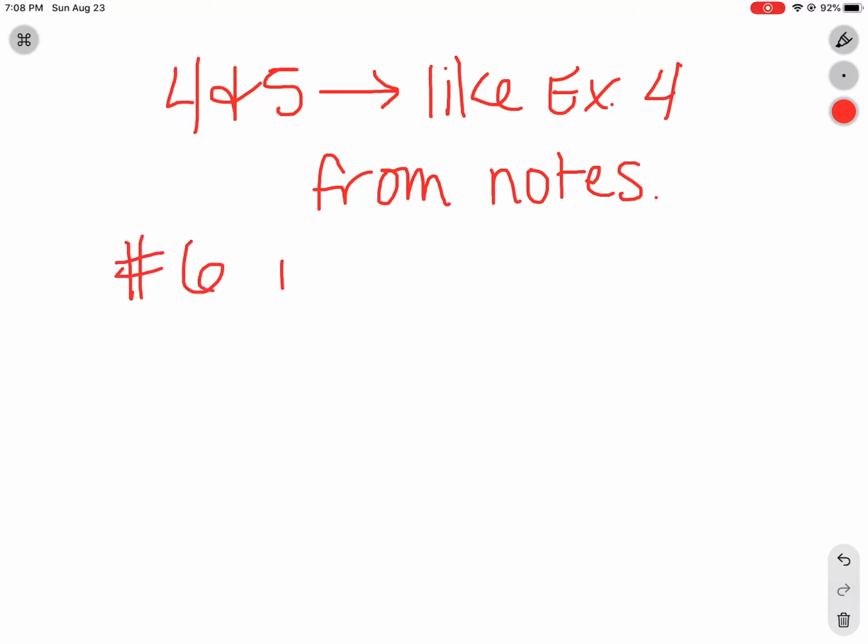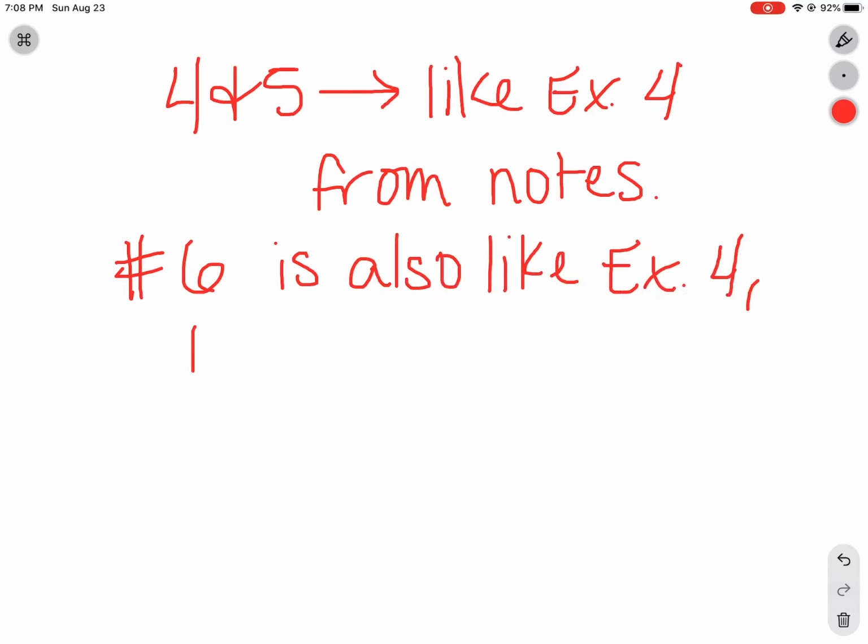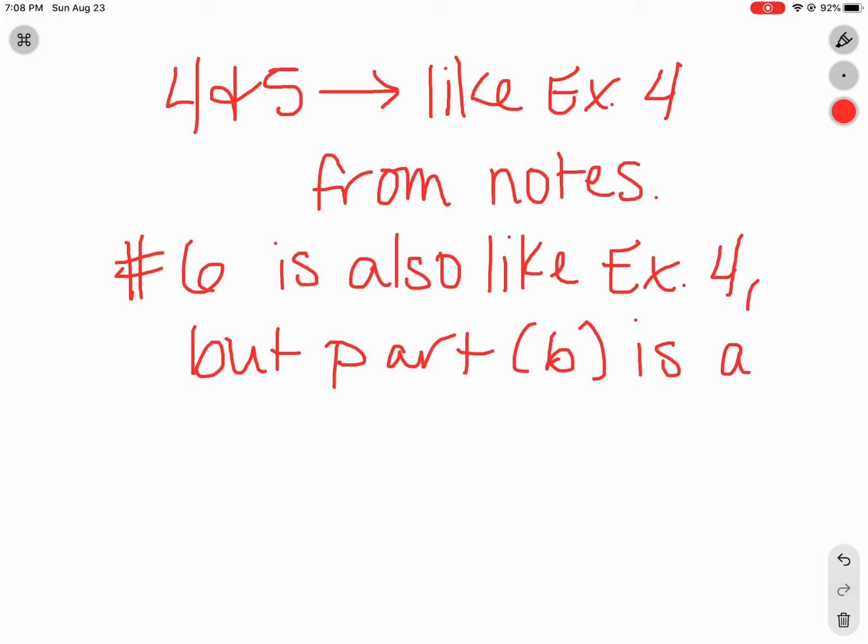Number 6 is also like example 4, but part B is a little different. So I want to see what you guys can come up with for that. If you need to do part C before part D, that's fine. But I really like to see how you guys figure out part B.